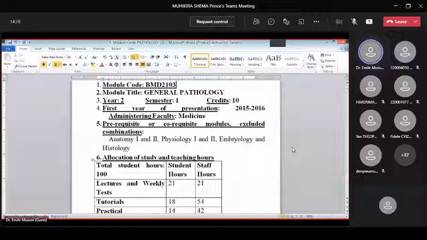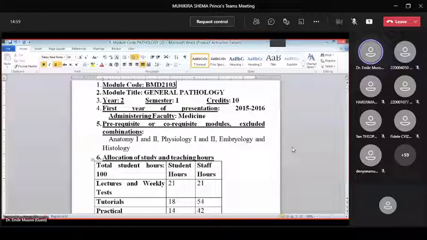There will be cell injury, cell adaptation, necrosis, apoptosis, and inflammation, acute and chronic, tissue repair and renewal and regeneration, hemodynamic disorders. Then after that, we'll have a cut.